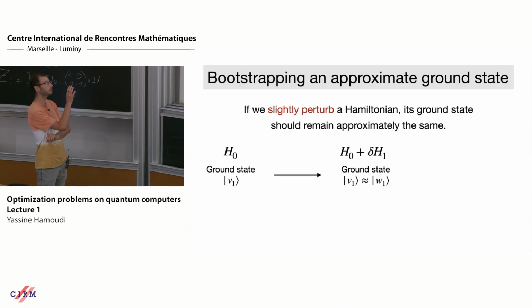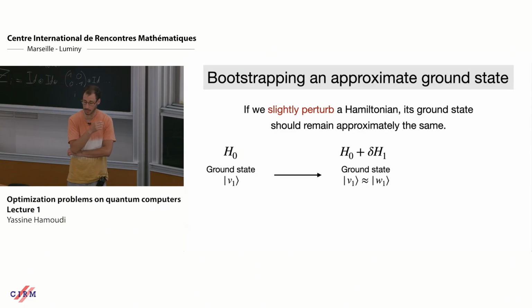Let's say you have H0, some initial Hamiltonian, and you change it by a small amount, so you make a small perturbation on H0. Then you would expect that the ground state of H0 is very close to the ground state of the perturbed Hamiltonian. Now it suggests a bootstrapping idea for finding the ground state of any Hamiltonian, which would do the following.